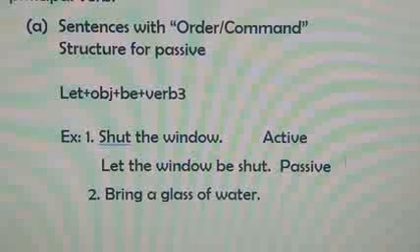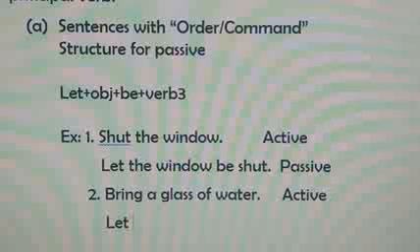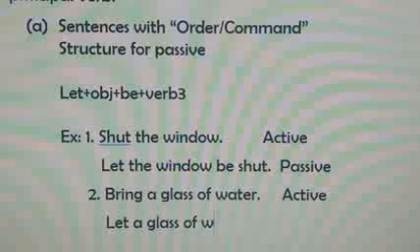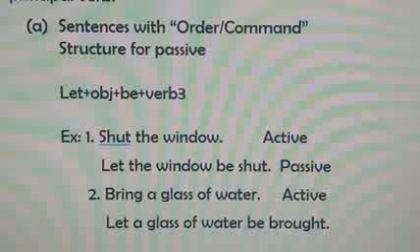This sentence is in active, and now we will convert it into passive according to our structure. The passive will be let a glass of water be brought. The third form of verb: bring, brought, brought.